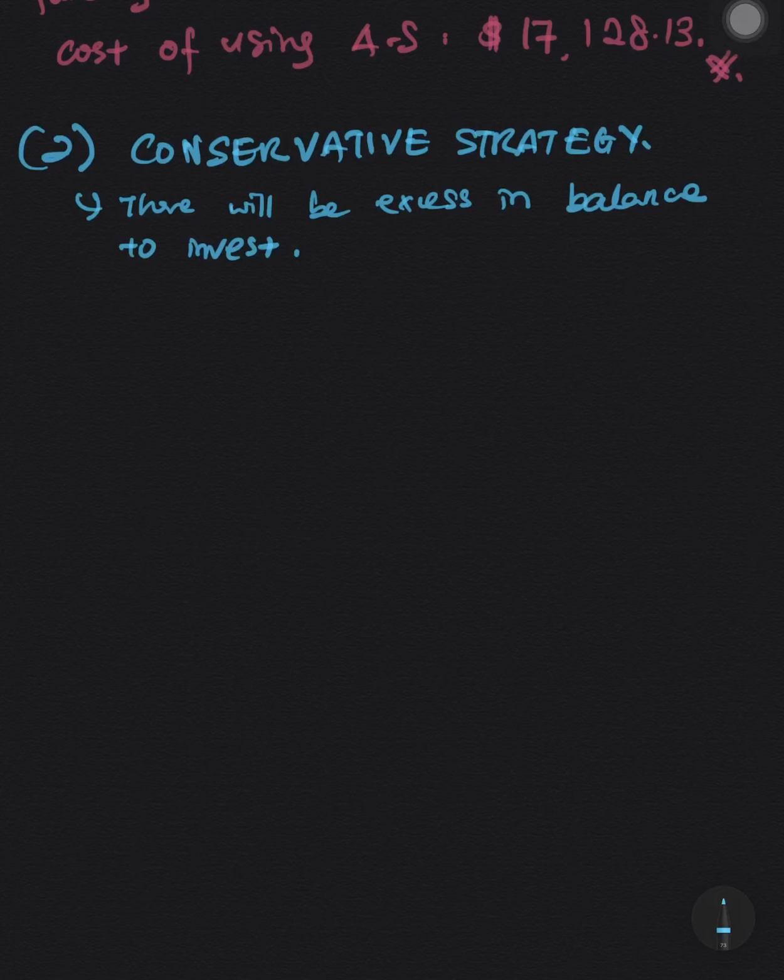So for short term cost, 6.25% multiplied by zero, because there is no short term usage at all. For permanent and seasonal, the company will be using long term financing, so the answer is 0.